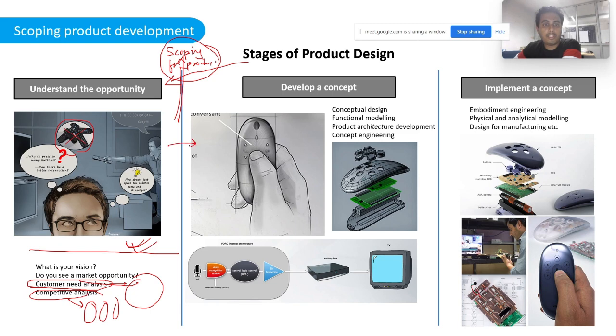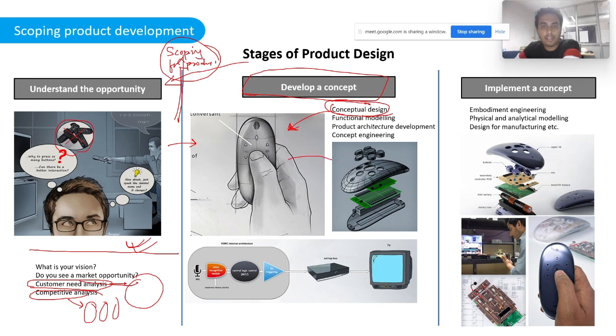Then we move to the next stage of product design, which is developing a product concept. So in the concept development phase, we initially come up with the conceptual design, which is nothing but an industrial design, having a rough idea about how the product will behave, how the product will look.